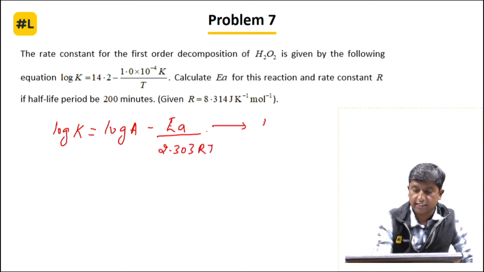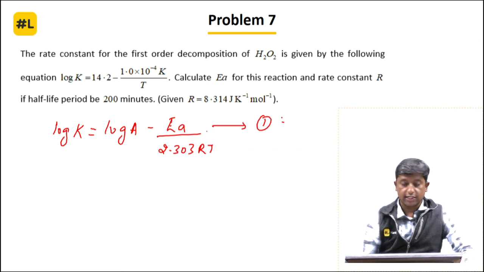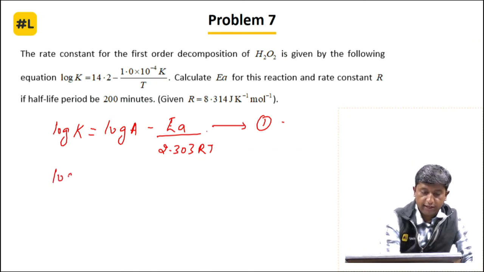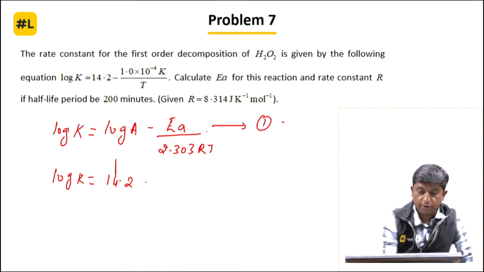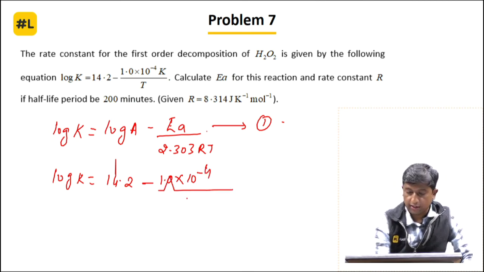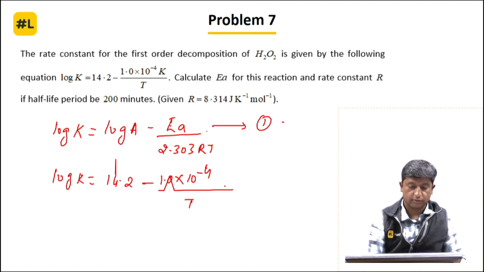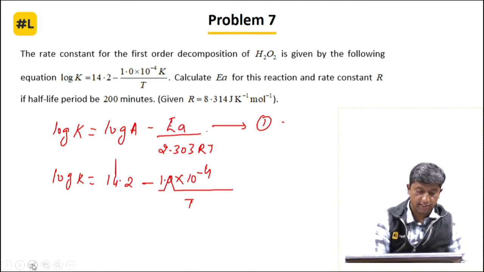Let us consider this as equation 1. Let us write the given equation. It is log of k will be equal to 14.2 minus 1.0 into 10 power 4 divided by T. Just a minute, I will rub this.